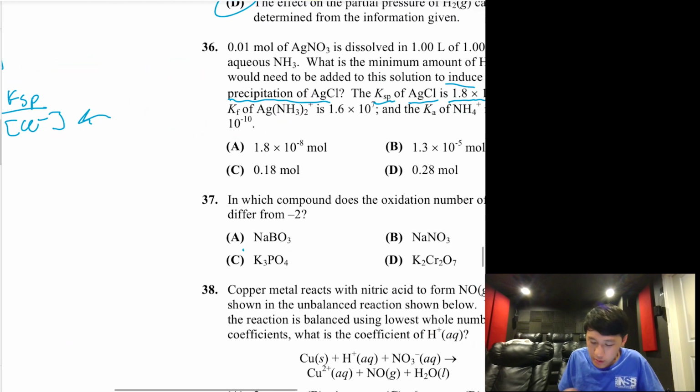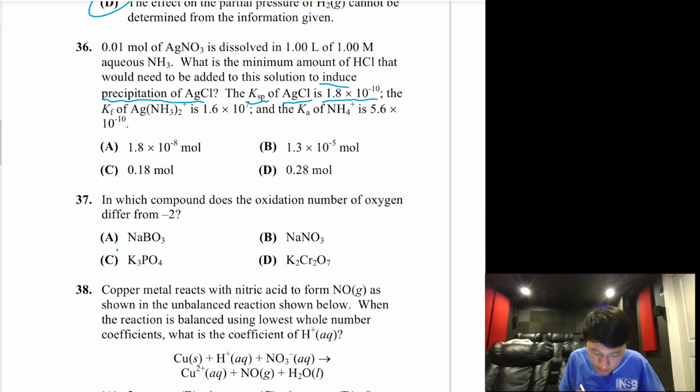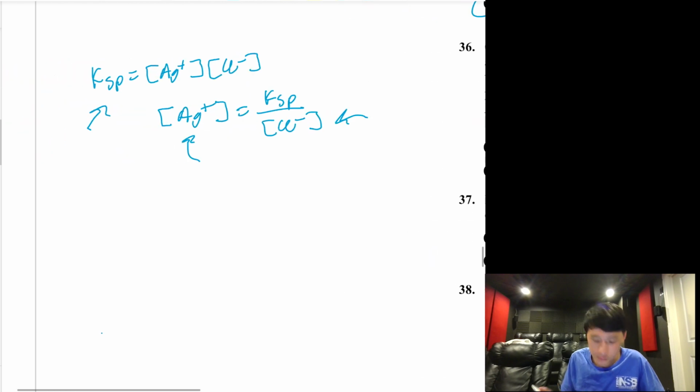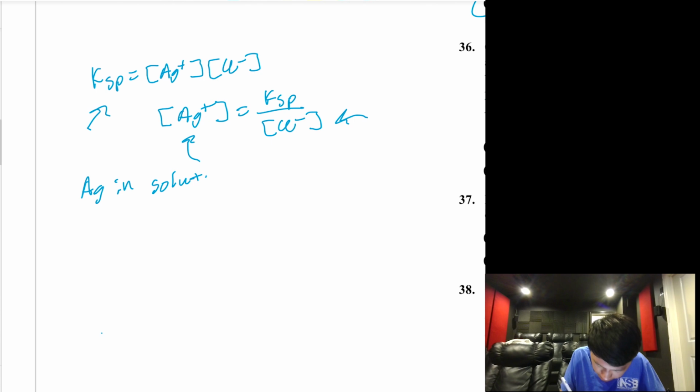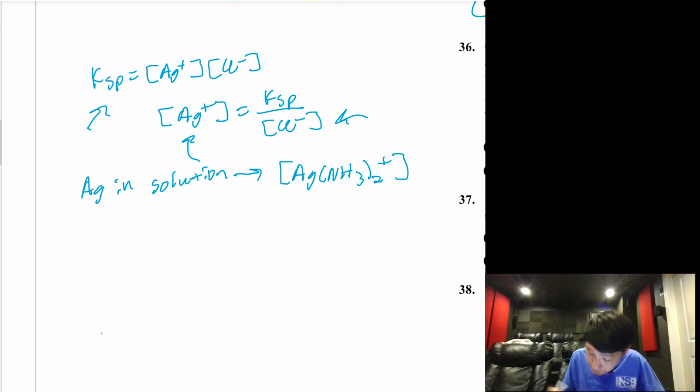And then our second assumption is that because the formation constant of this complex is so large, whenever there's any silver in solution, it immediately forms this complex. So we're going to create this AgNH3 2 plus complex.